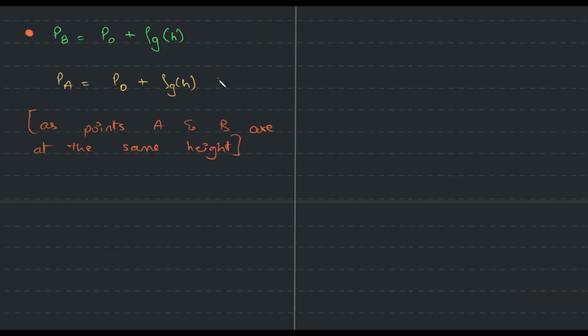So this is called the absolute pressure. And this is your gauge pressure. For example, the pressure that you measure in your bicycle tires is the gauge pressure.